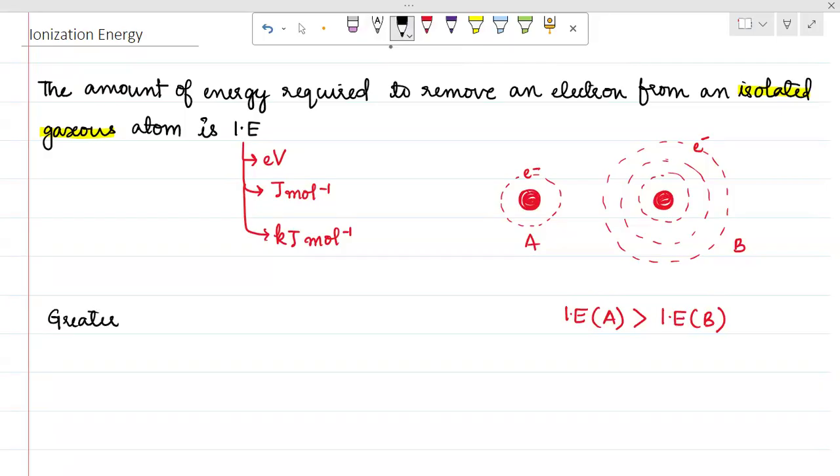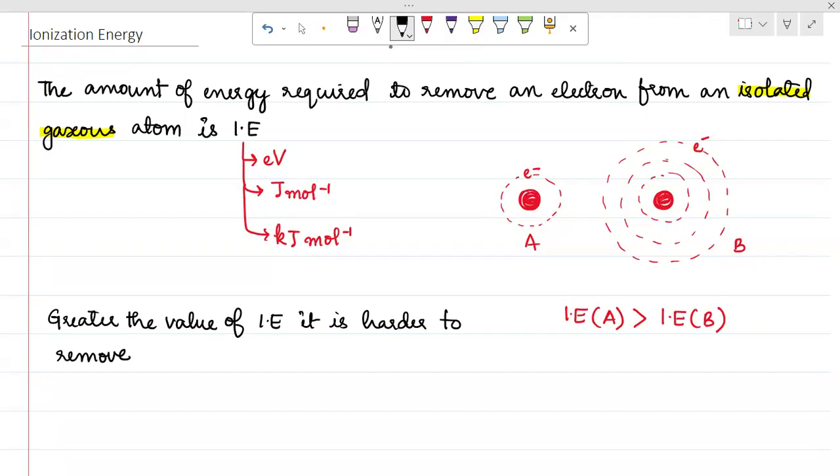Greater the value of ionization energy, the harder it is to remove the electron from the species.